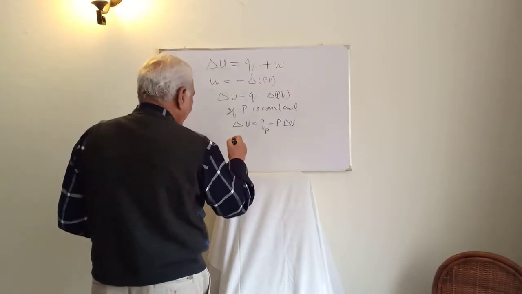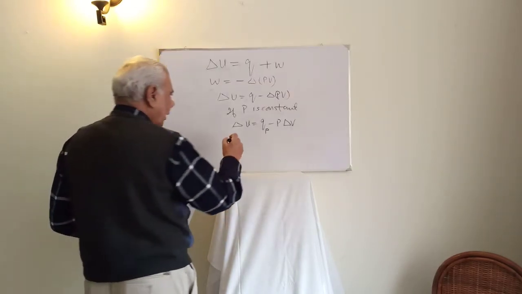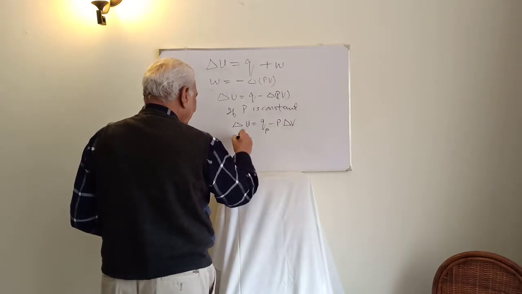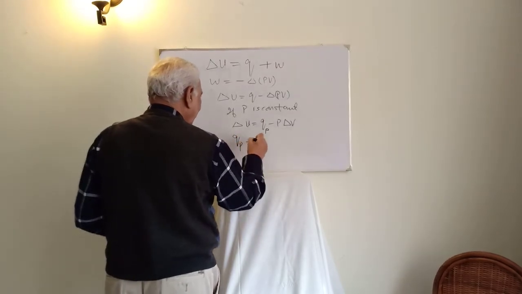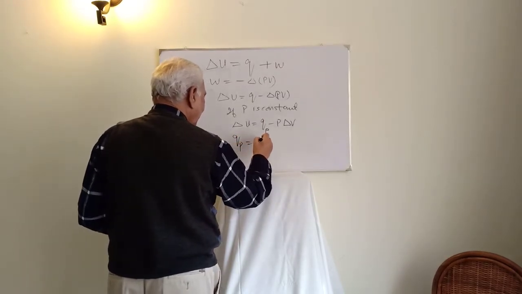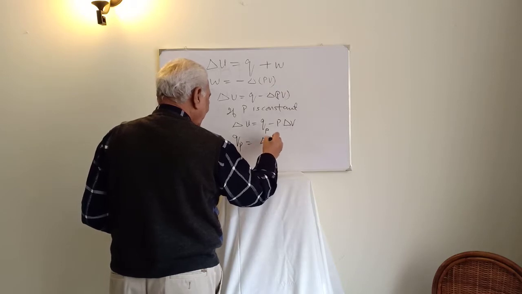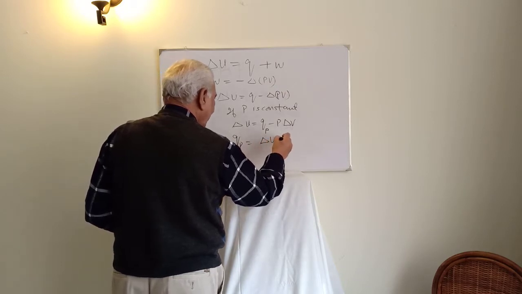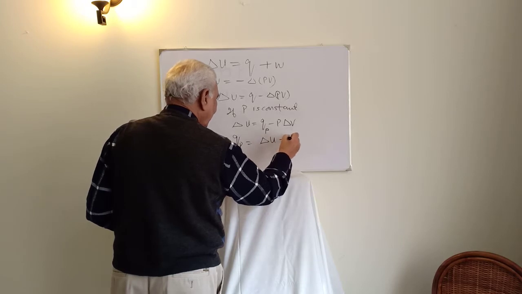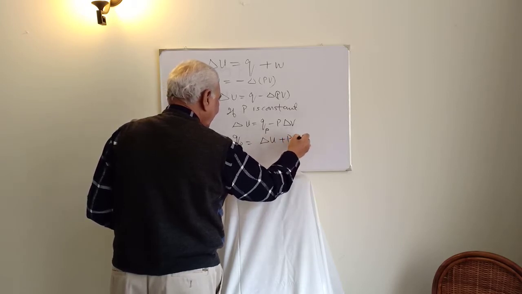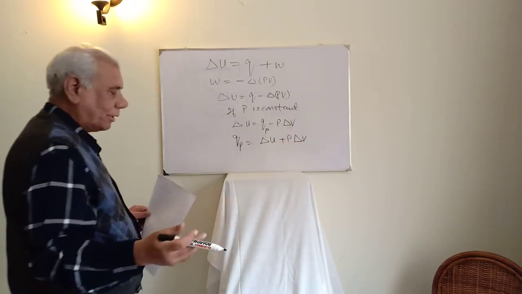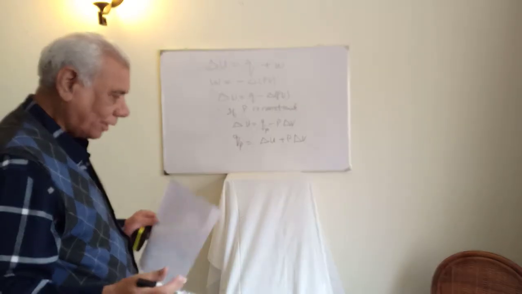Now we can rearrange this equation as QP is equal to delta U plus P delta V. It's just the equation has been rearranged.